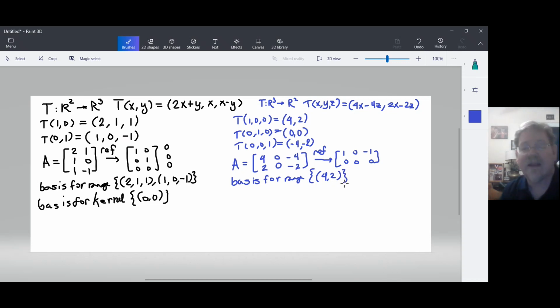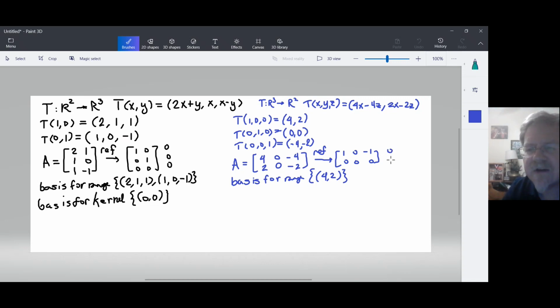So yet again, we've come up one dimension short for being onto. It does not map to all of R2, just a one-dimensional subspace of R2. And then what is the kernel? What gets mapped to the zero vector?